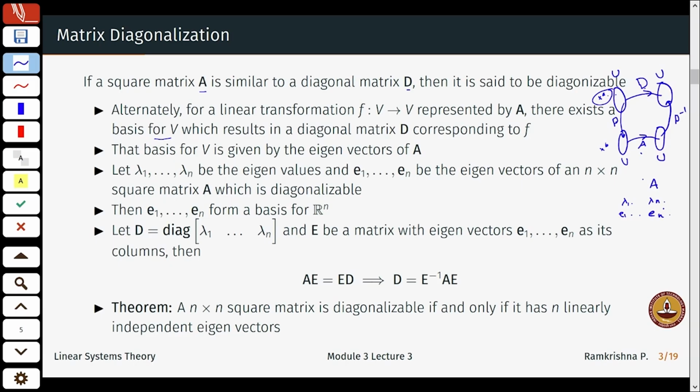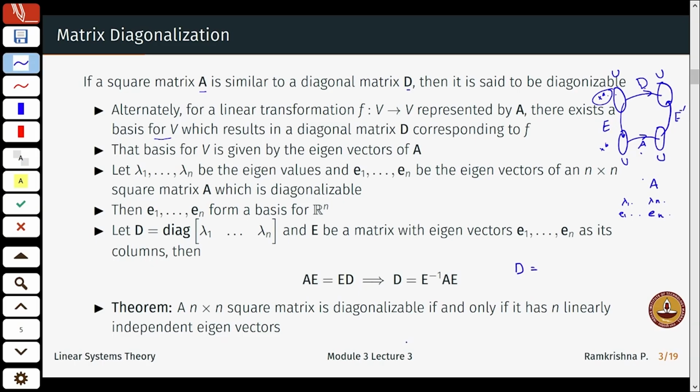So now the idea is to find, if this D can be represented, just to be consistent with the notation, let me call this E and this E inverse.